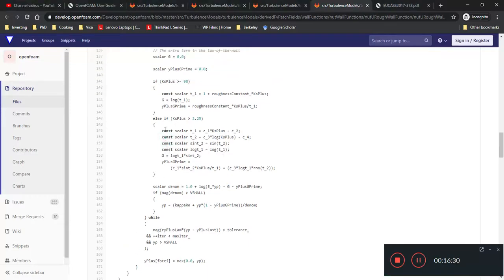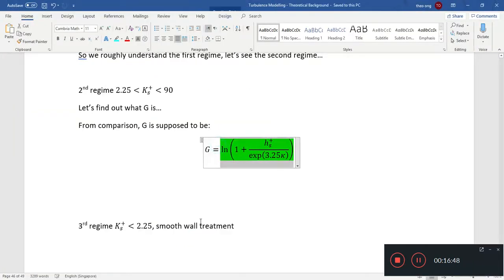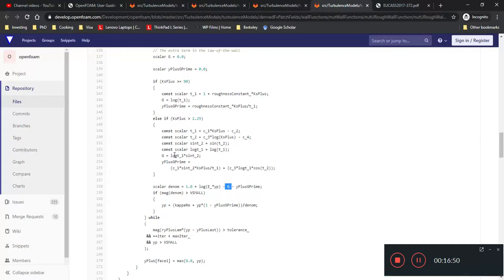So in the second regime, the second regime here is slightly different. No matter what, this g is supposed to be the same as this. So in the second regime we see that g is log of t1 times sine t2.